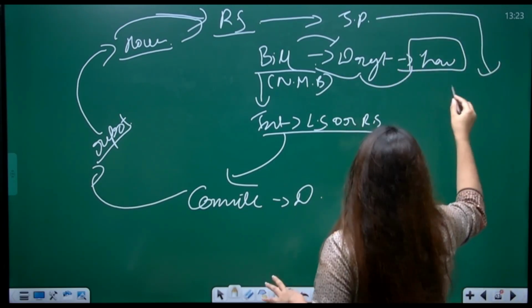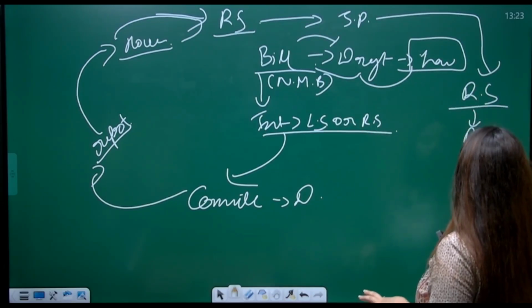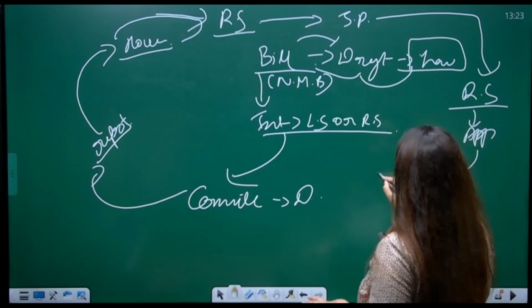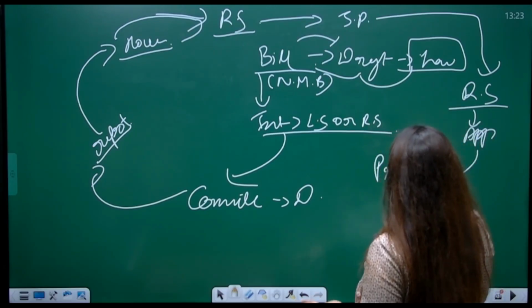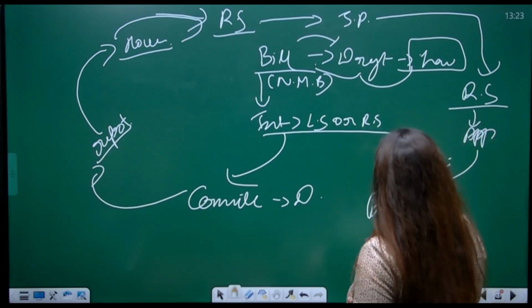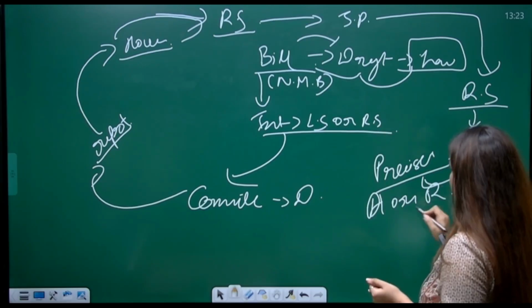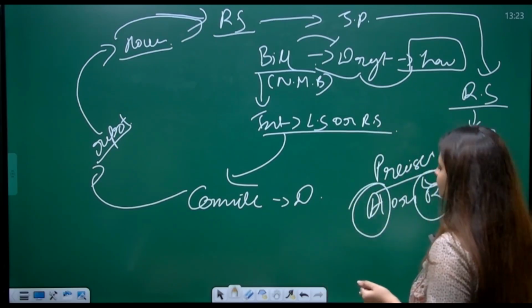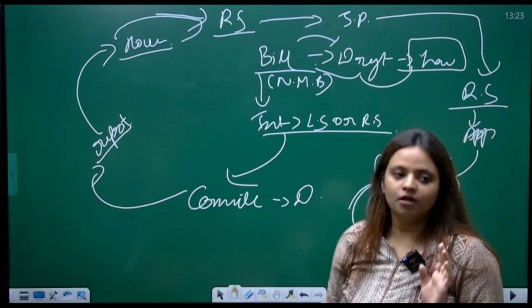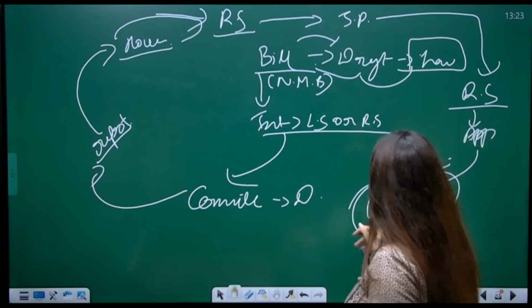In case the Rajya Sabha approves it, the bill goes to the president, who can either approve the bill or send it back to the house for some recommendations or amendments.